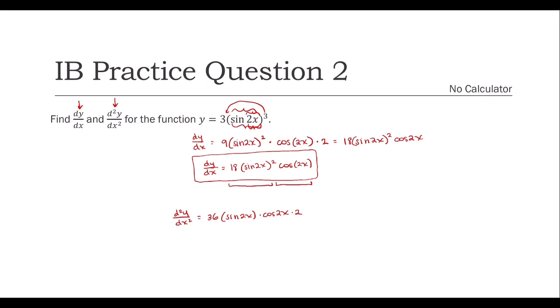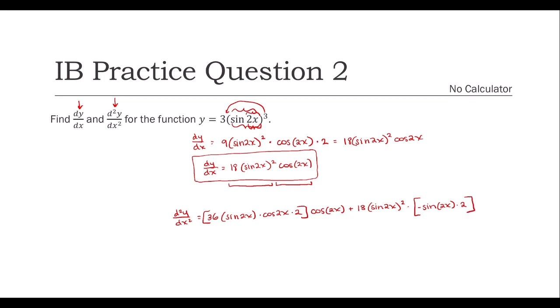So we have the derivative of the first times our second, so cosine of 2x will stay as it is, plus the first, so we'll leave our 18 sine 2x squared, times the derivative of our second. So the derivative of cosine is negative sine, and then the derivative of our 2x is 2.